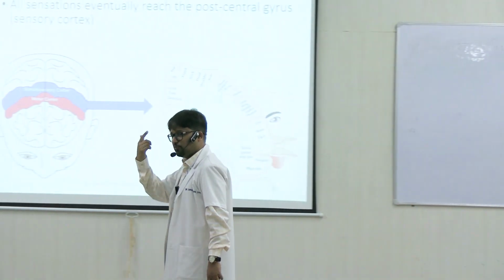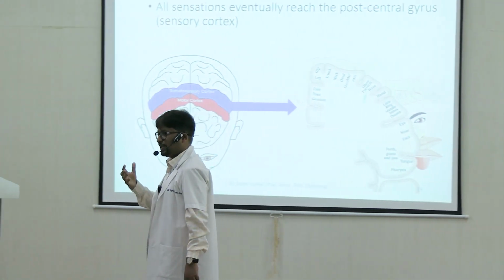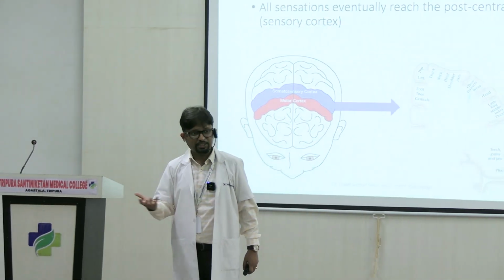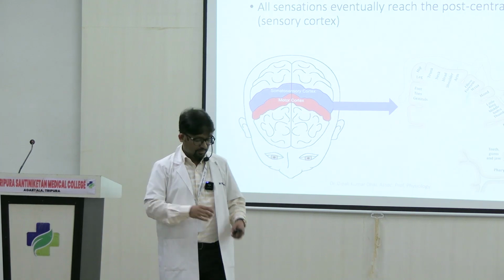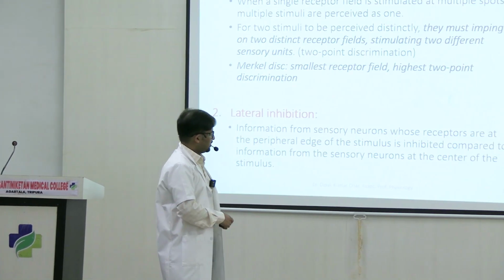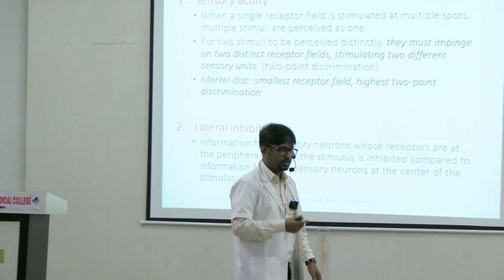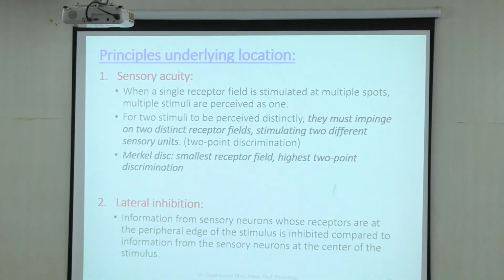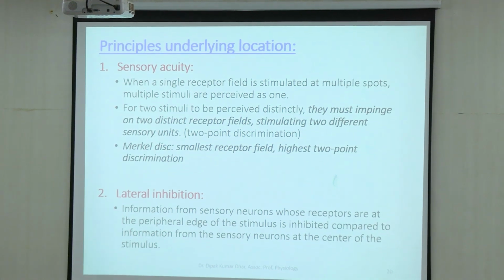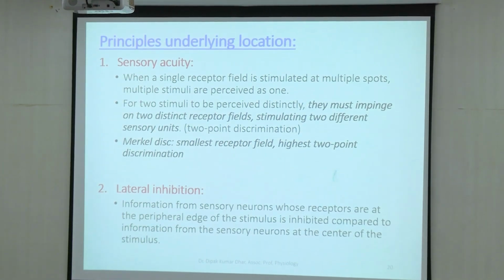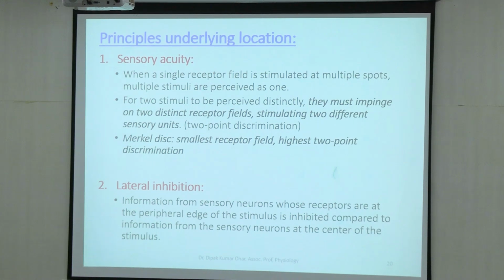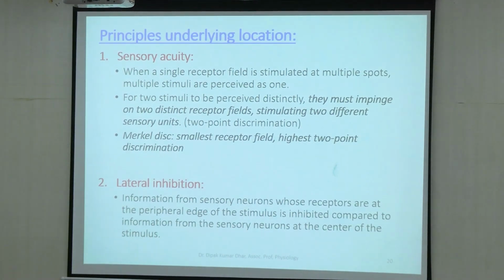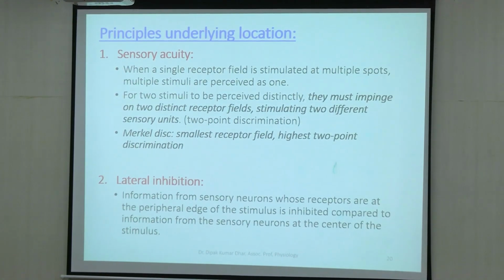Vocal cords and muscles of the face have a greater representation in the cortex. The motor aspect we'll come to later when we talk of the motor system. So location is identified when a specific area in the sensory homunculus is activated by an impulse or action potential coming from a receptor. So that is one.